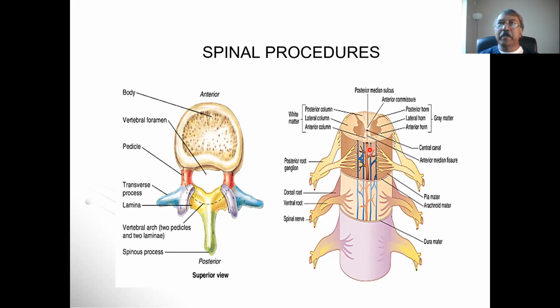Surrounding this spinal cord we have the meninges: dura matter, arachnoid matter, and pia matter, the membranes that cover the spinal cord and brain. It's a continuation of that same meninges that membrane the brain.